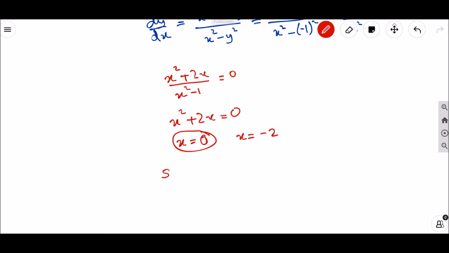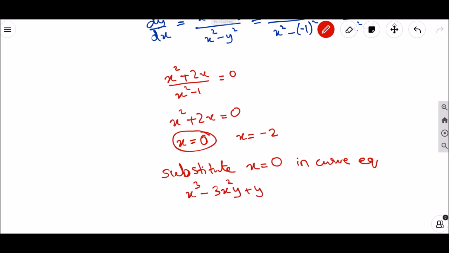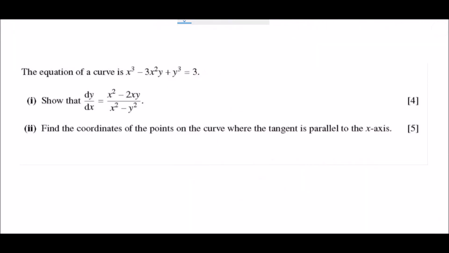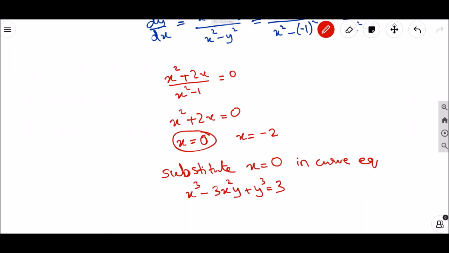Now we will substitute x is equal to 0 in the curve equation. So our curve equation was x cubed minus 3x squared y plus y cubed is equal to 3. Let's just check if it's correct. X cubed minus 3x squared y, yeah, it's correct.